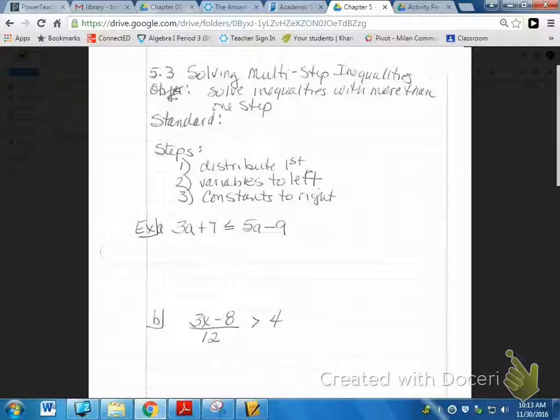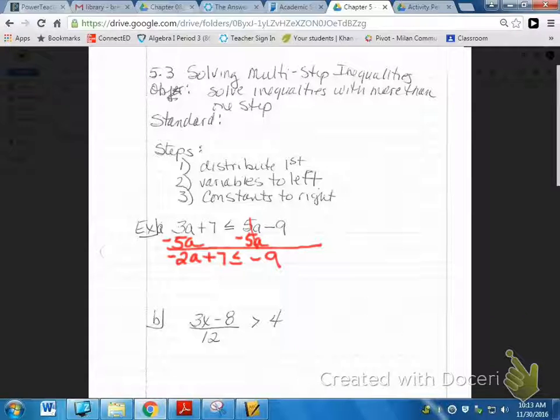By subtracting 5a from each side. Now what's below there? Well, you would subtract 5a from 3a, which would be negative 2a. And you bring down the plus 7, the less than or equal to sign, and bring the negative 9.